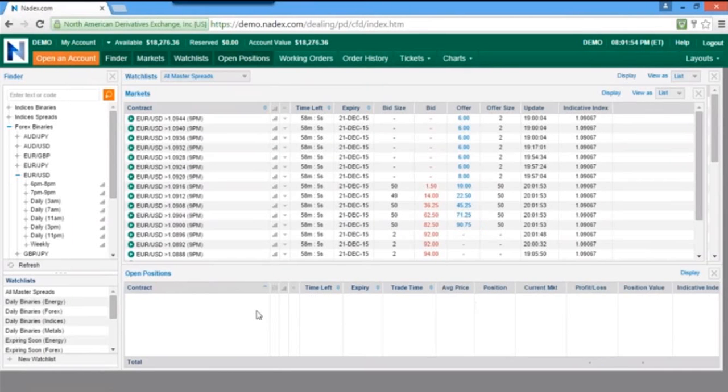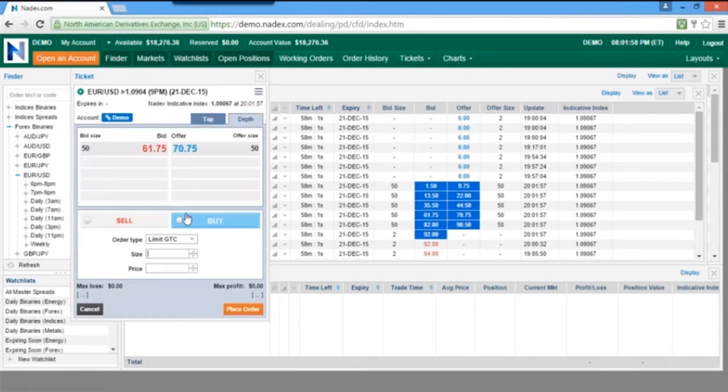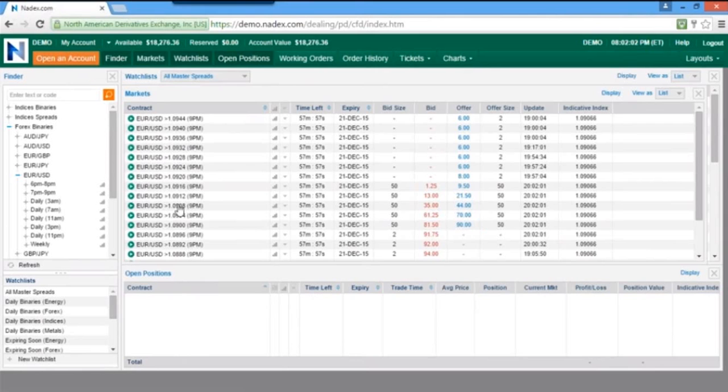Let me show you a different example here. Okay, so we understand what out of the money is. Those are way out there. We understand what the at the money is, where it's right close to the market.